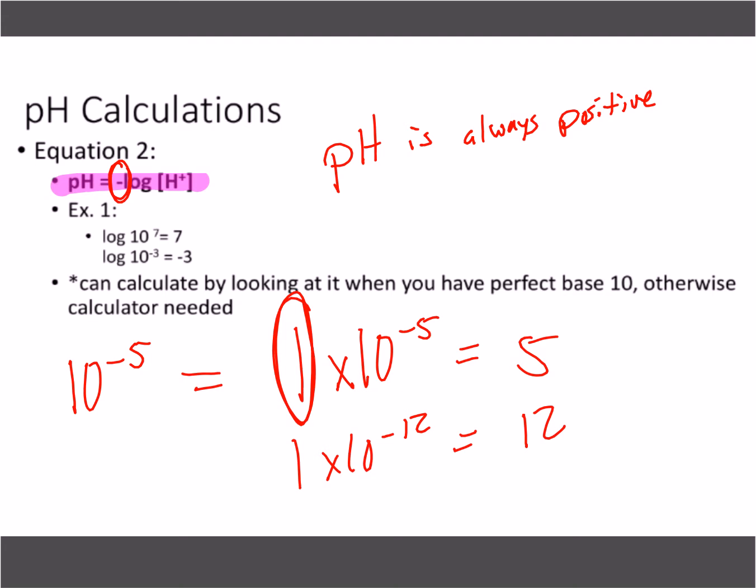That's easy. You don't have to plug it in your calculator. If it's any other number than 1 in front of the times 10, you have to use the calculator. You can't just do it in your head. But if it's a 1 out in front, it's going to be whatever the exponent is except positive. That's just kind of a quick shortcut. Again, if you forget that, use your calculator. You don't have to memorize it.